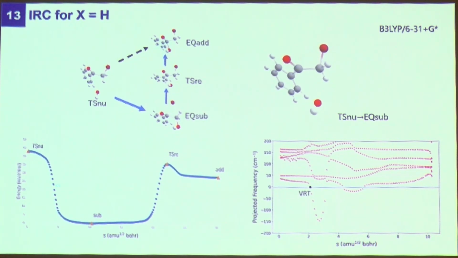And along this IRC, we calculate the vibrational frequency of the orthogonal mode. And at some point the frequency becomes an imaginary number. So this is a valley-ridge transition point. So for the asymmetric case we call it valley-ridge transition, and for the symmetric case valley-ridge inflection.